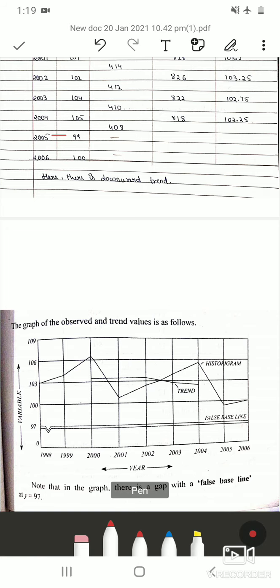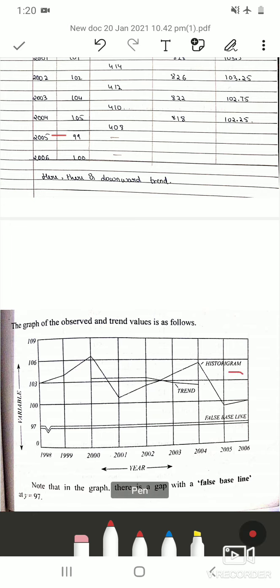For the year 2006, the value is 100, which will be somewhere here. For the year 2005, it is 99, which will be here, and for the year 2004 it is 109, and for 2003 it is 104, which lies somewhere over here. Once you are done with the observed values, join the lines of each point, and we will get a plot.